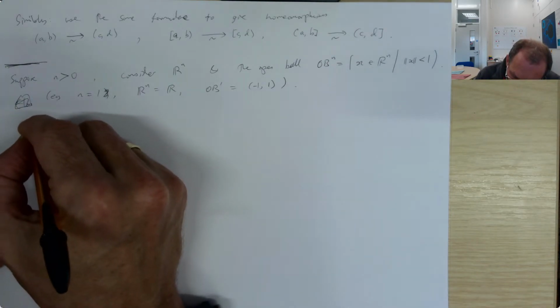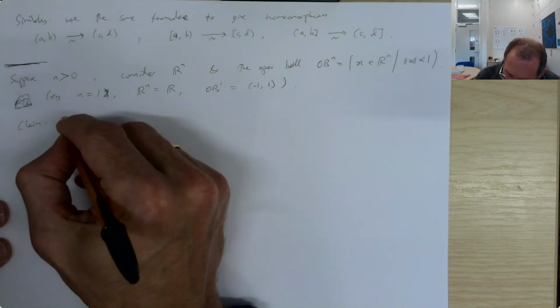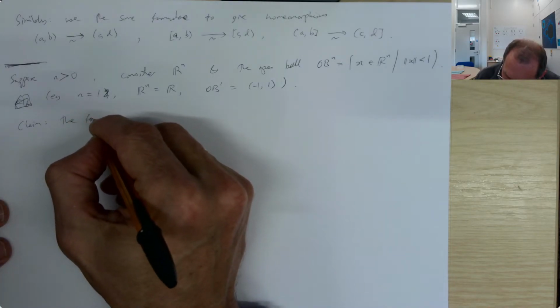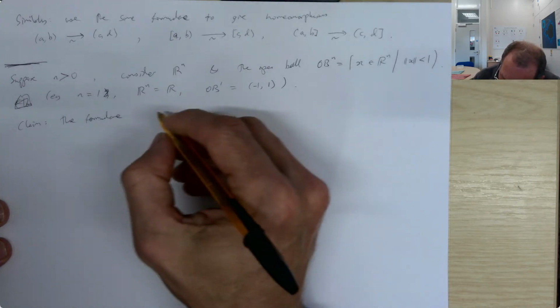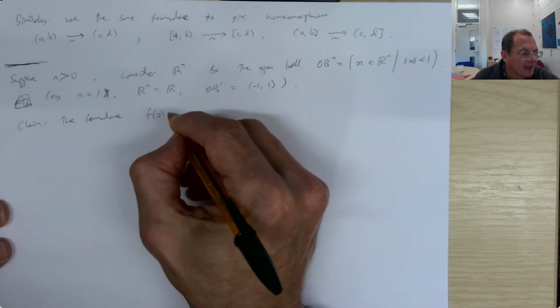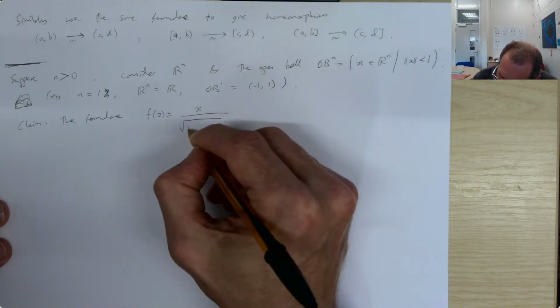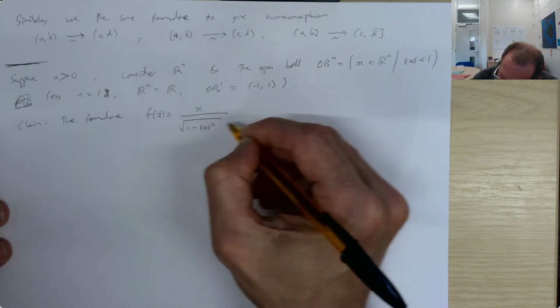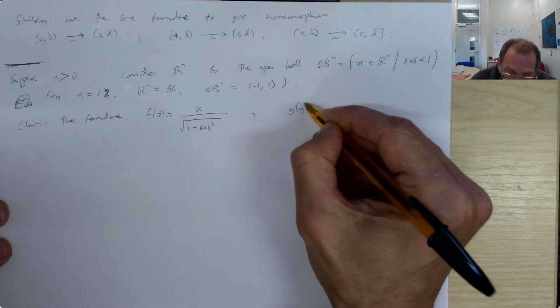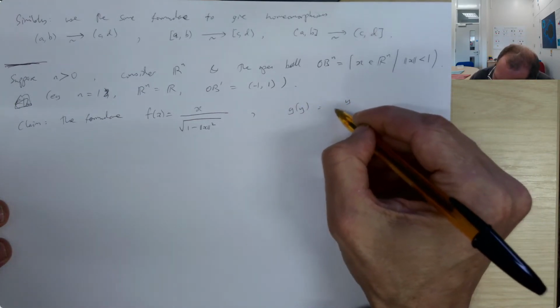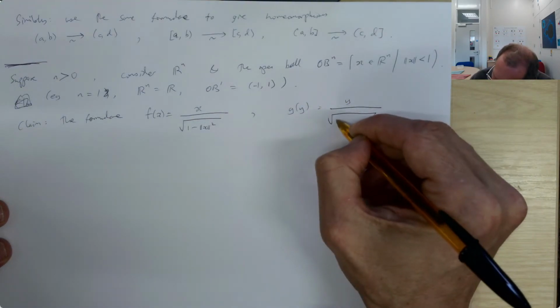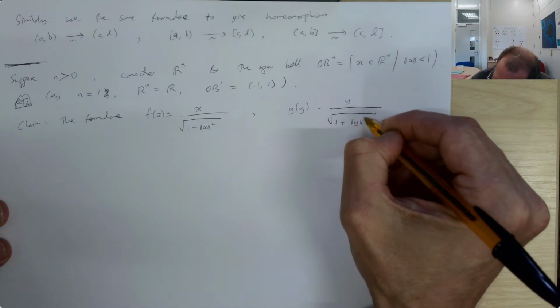So I'm going to claim the formulae f of x is x divided by the square root of 1 minus the norm of x squared, and g of y is y divided by the square root of 1 plus the norm of y squared.